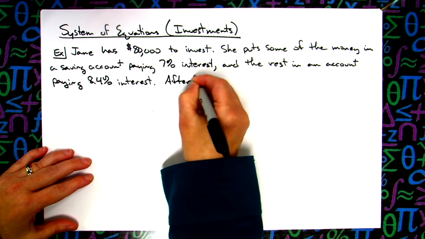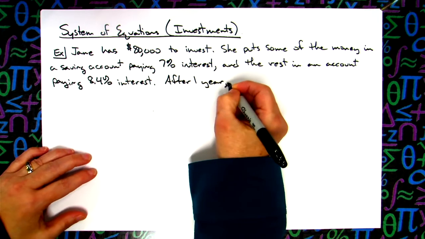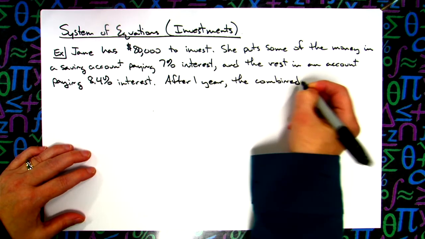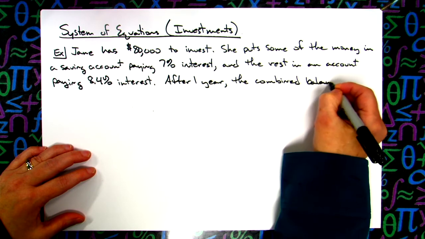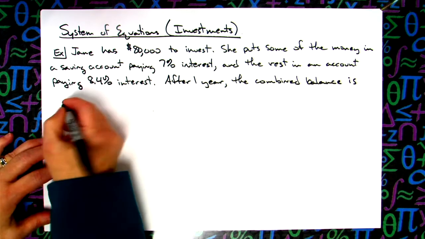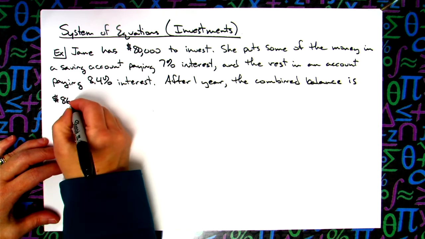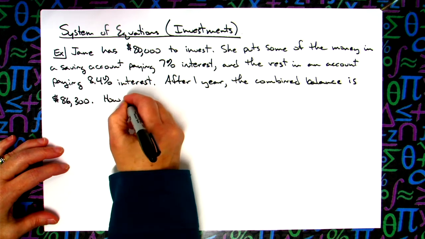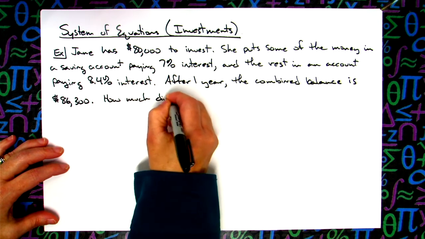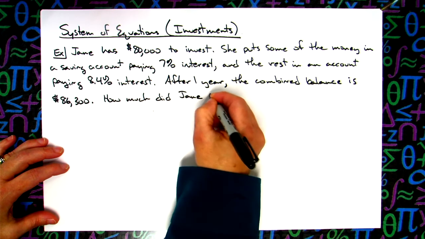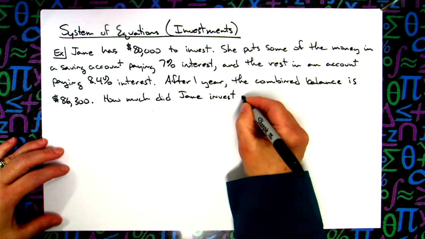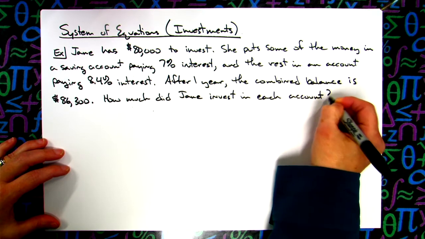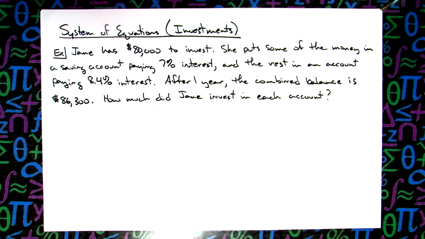After 1 year, the combined balance is $86,300. The question is, how much did Jane invest in each account? Very long story problem when we got to write the darn thing out.